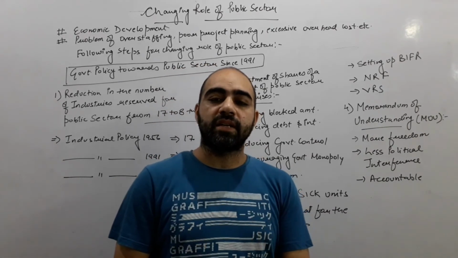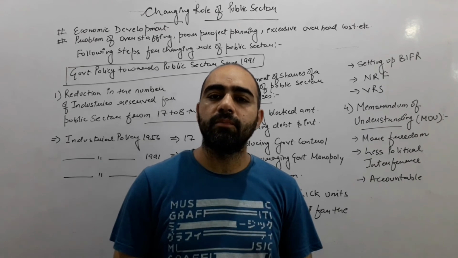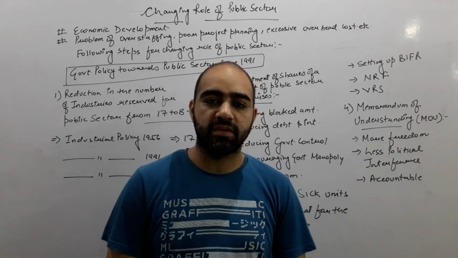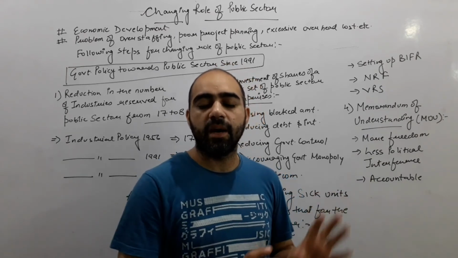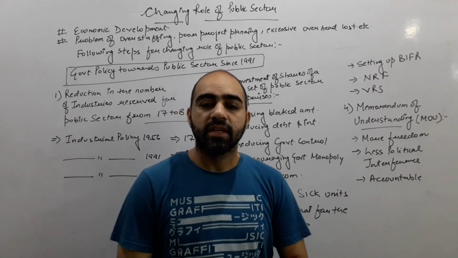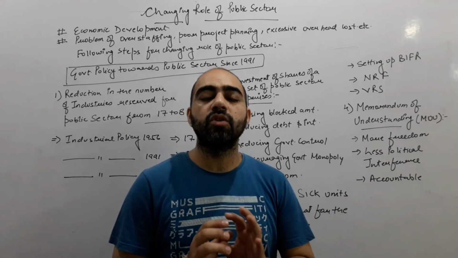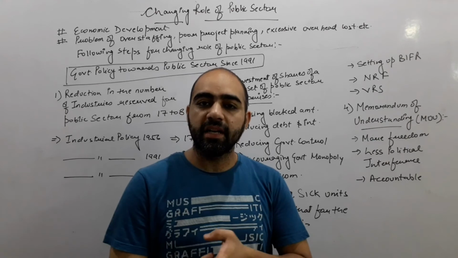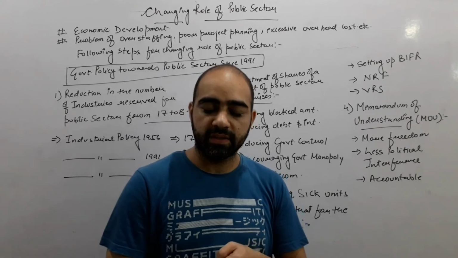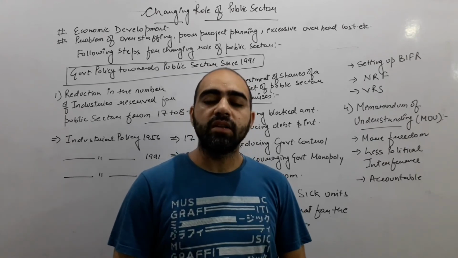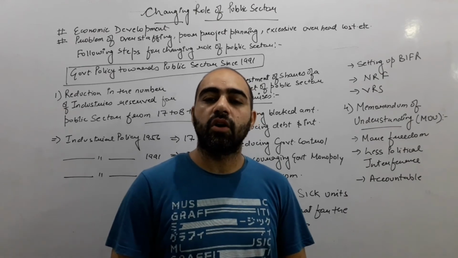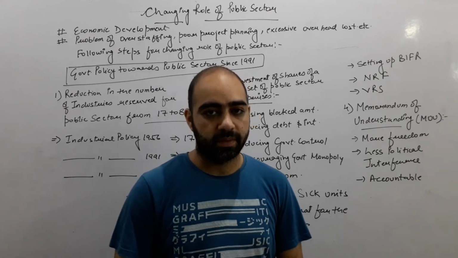The fourth step of the process is the Memorandum of Understanding (MOU). All the public sector enterprises had a problem of a lot of political and government official interference, so they signed an MOU stating that there will not be any political or government official interference. Rather, all the public sector enterprises can work with full freedom and autonomy.